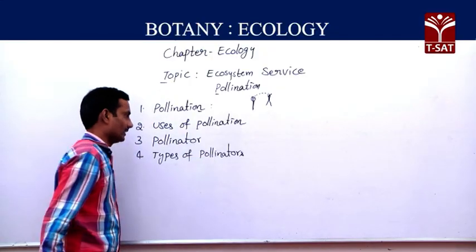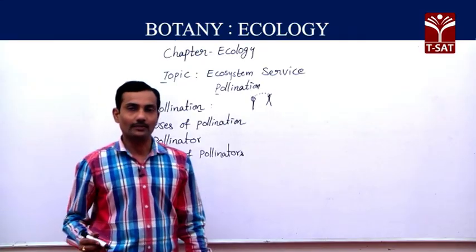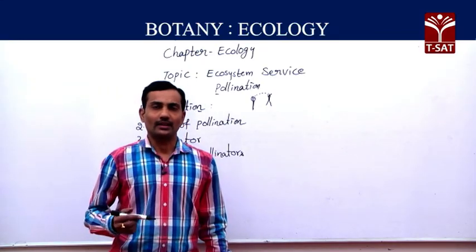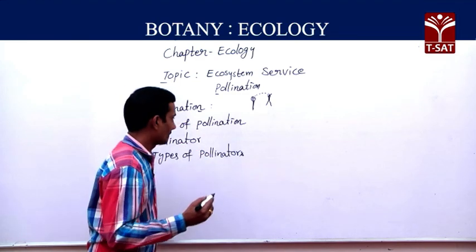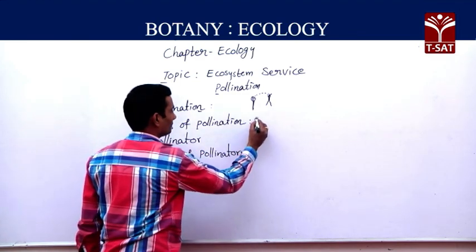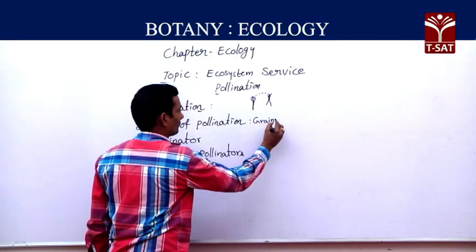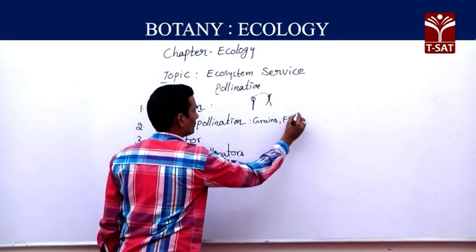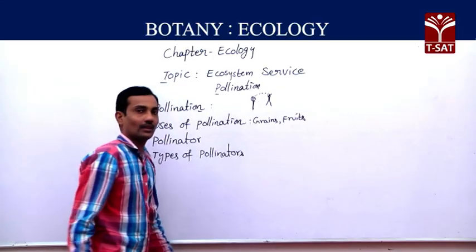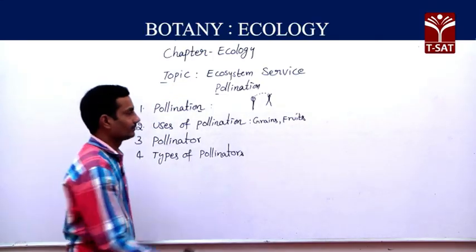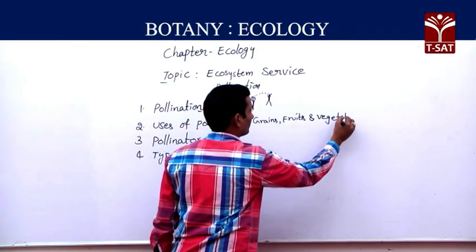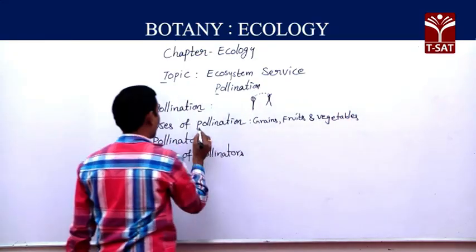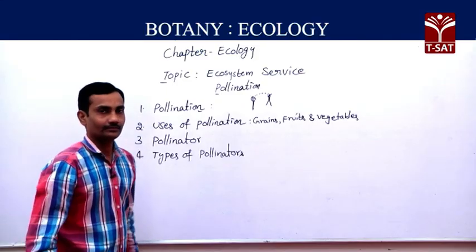Uses of pollination. Usually we are getting different types of food materials, food grains, fruits, vegetables. All these we are getting because of pollination.